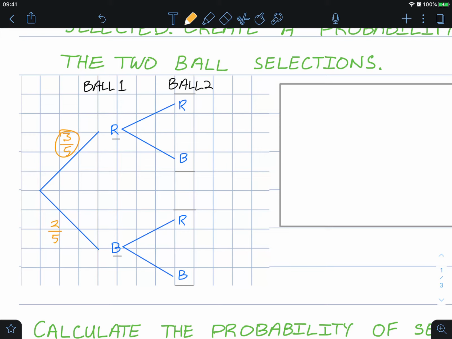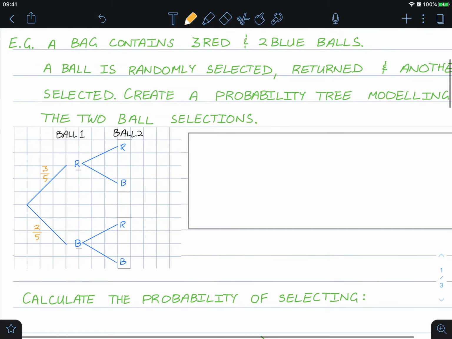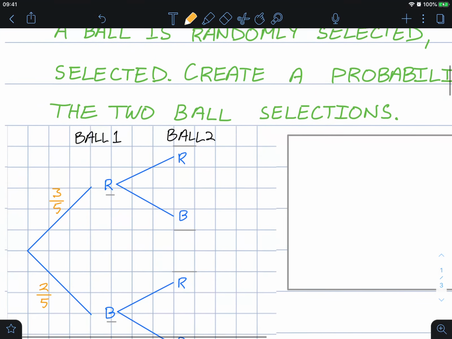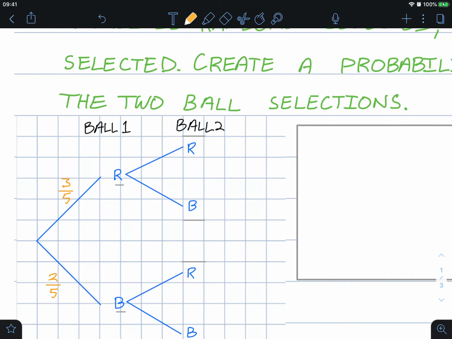So we've put a weight onto the branch to indicate that the probability of red and blue is not the same. We do the same for this one. Because we've put the ball back in, the probability of selecting a red again is 3 out of 5, and selecting a blue is 2 out of 5.